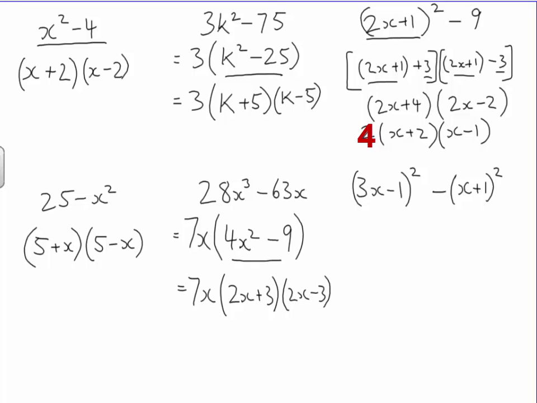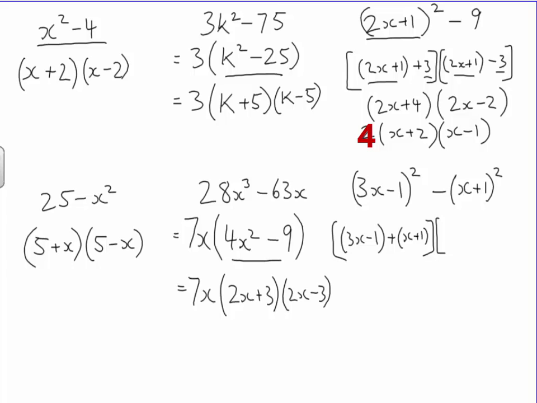Okay, next one here. I've got 3x take 1 squared and x plus 1 squared. So, I hope I've got enough space here. I'm going to put 3x take 1 there, and I'm going to add x plus 1. Big bracket. That's the first part.